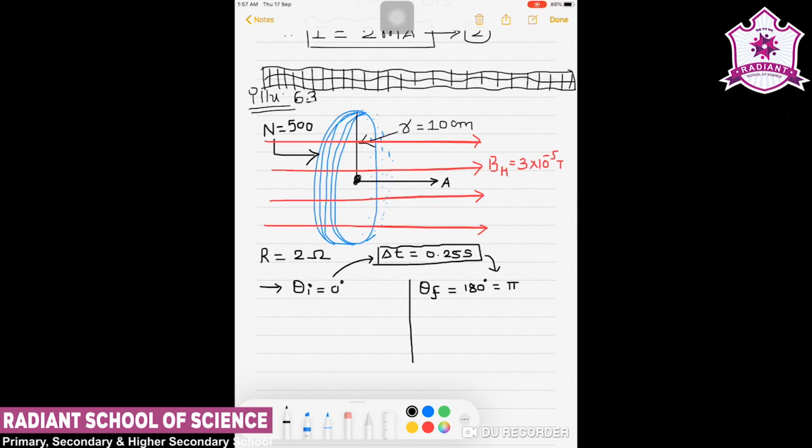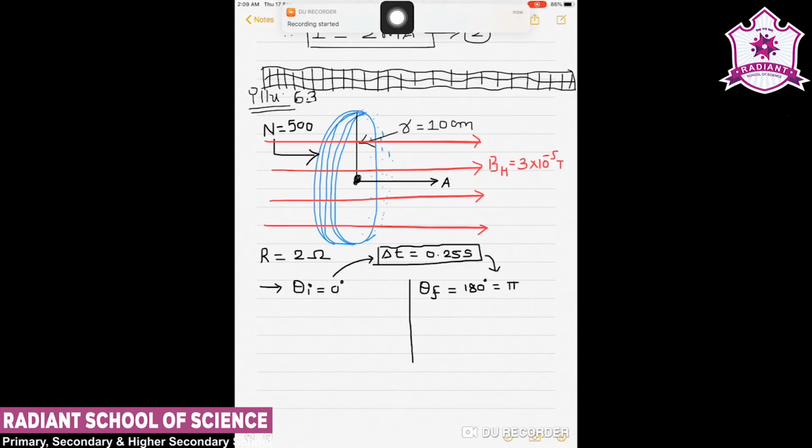Now it is rotated about its vertical diameter through 180 degree in say 0.25 second. So we are asked to estimate the magnitude of the EMF and current induced in the coil. Horizontal component of Earth's magnetic field at a place is given by 3 into 10 raised to minus 5 Tesla.